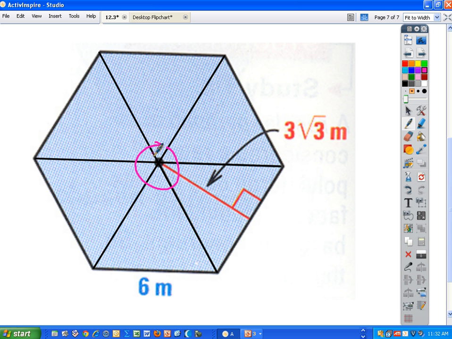Well, if that's 360 degrees all the way around, notice that there are 1, 2, 3, 4, 5, 6 triangles in there. What's going to be the angle of each of those individual angles for each triangle? Yeah, 360 divided by 6 is 60. How about that? So if that's 60, let's take one of these triangles.